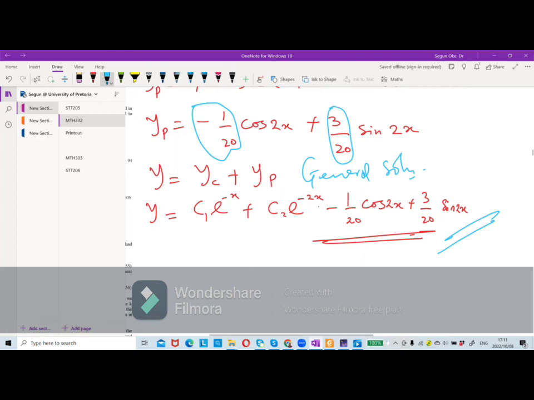So in the next class, we'll be looking at another interesting area. We will look at the variation, the example of variation, before we move to other applications. So before we move to other applications, we will look at the method of variation of parameters.